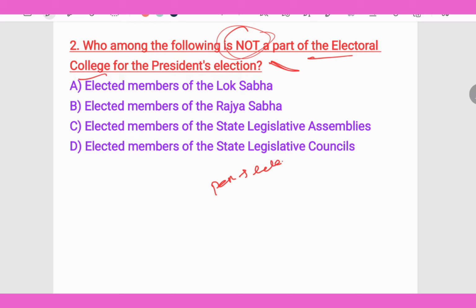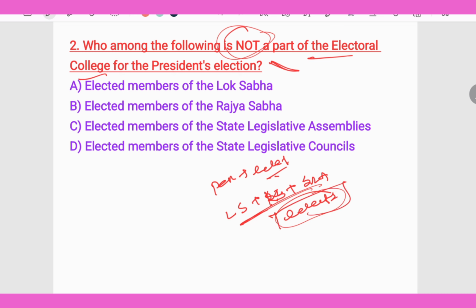Basically the members of Lok Sabha and Rajya Sabha plus the SLA members, but only elected members can participate in the process of election of the President.